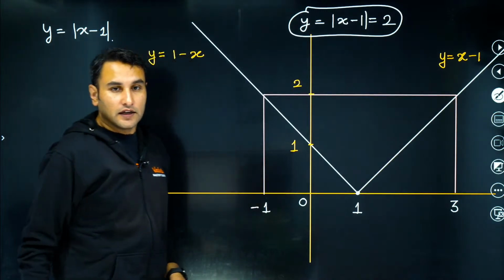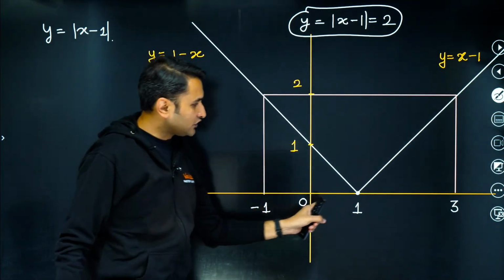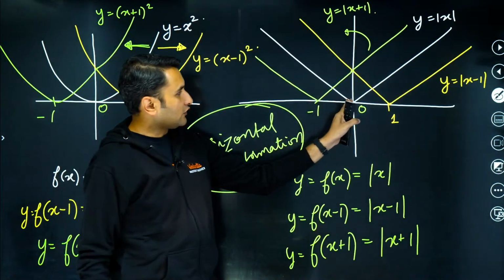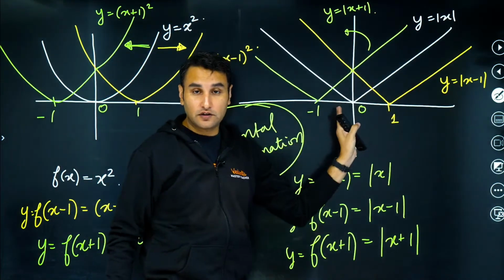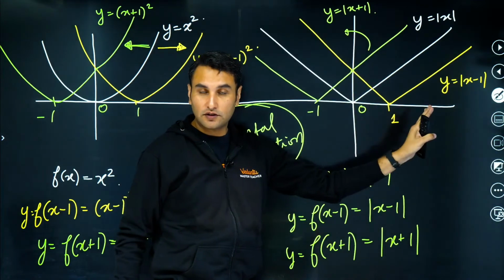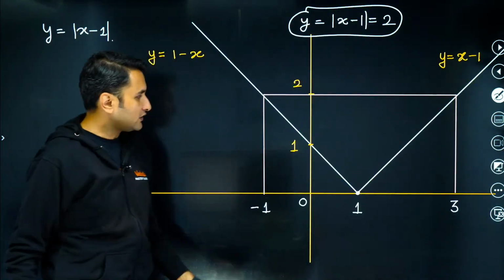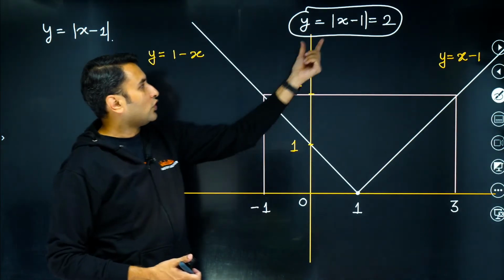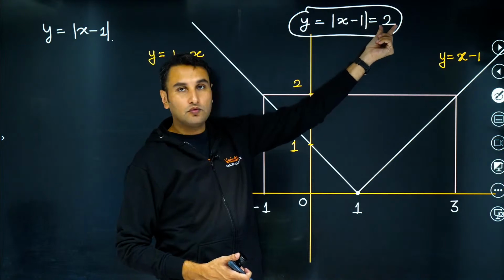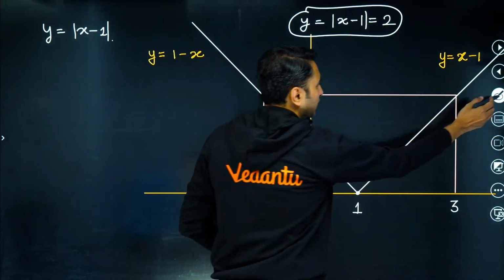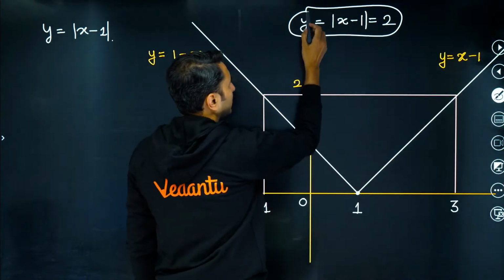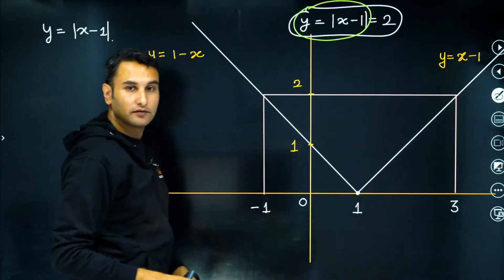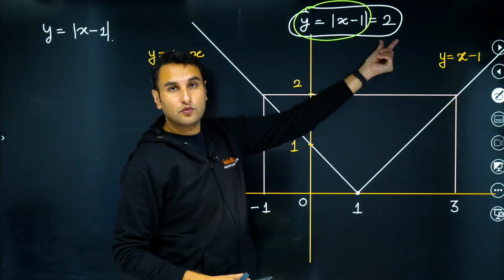Yes? This graph is shifted towards 1, to the right. Now, when is y equal to 2? Modulus of x minus 1 is equal to 2 can also be understood as: in the graph of y equal to mod x minus 1, the y is equal to 2, right?